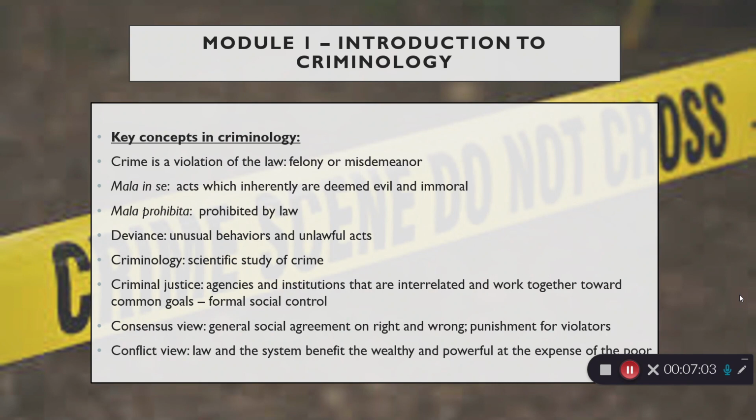Whereas the conflict view comes from the perspective that the law, the system of government, the system of formal social control represents the wealthy and the powerful at the expense of the poor and the victims, and so on and so forth. Maybe as a result of racism, maybe as a result of economic prejudice, or maybe as a result of any number of other things. Just the conflict between classes.